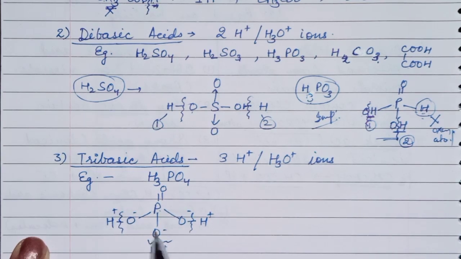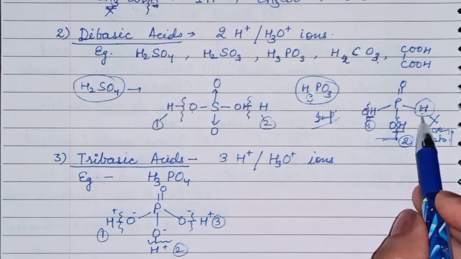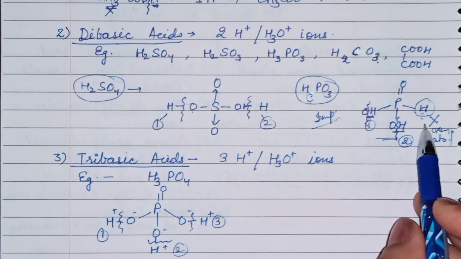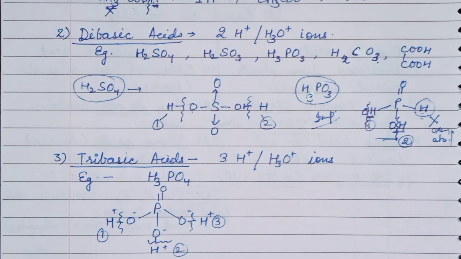How many H plus ions are you getting? 1, 2 and 3. That's why it is tribasic. All 3 hydrogen atoms are replaceable, whereas in the previous case 1 hydrogen atom is not replaceable because no oxygen is present with it. Okay children, now it is clear.